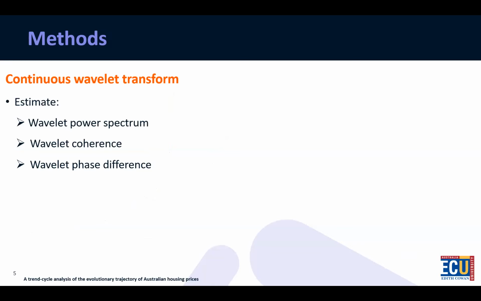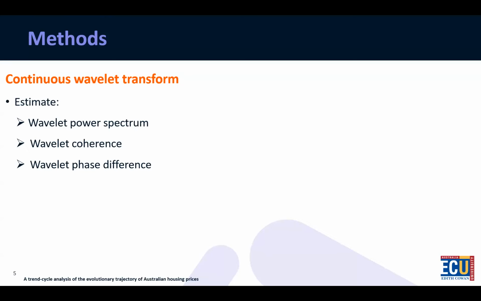Based on this transformation, you are able to estimate functionalities such as the wavelet power spectrum, which determines the variation in these prices in both time and frequency, and also estimate wavelet coherence, which determines the interdependencies among the prices of the cities, and phase differences, which help us identify the most dominant or leading city in the pairwise or multivariate relationship.